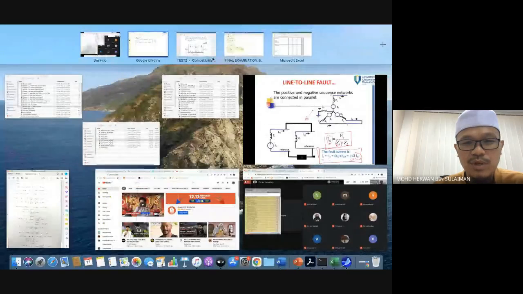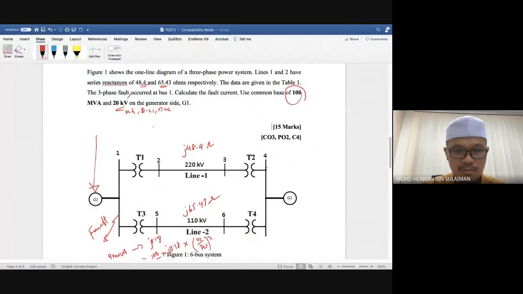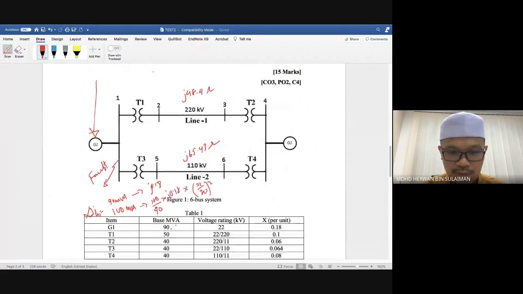So sekarang ni apa yang perlu you buat ialah you kira lah. Yang ini ialah new base 100 MVA bagi dengan 90 MVA darab dengan old value per unit darab dengan old voltage rating bagi dengan new rating darab square. Seorang kira, semua kira. Cuba kira. 100 bagi 90 darab 0.18 ialah 0.2.